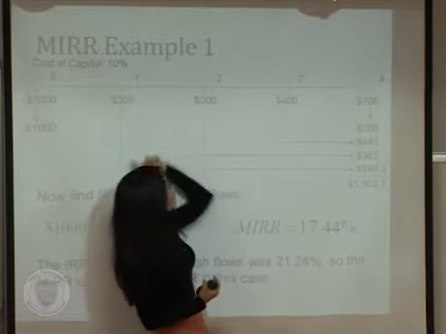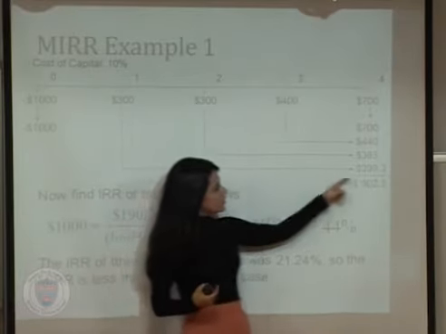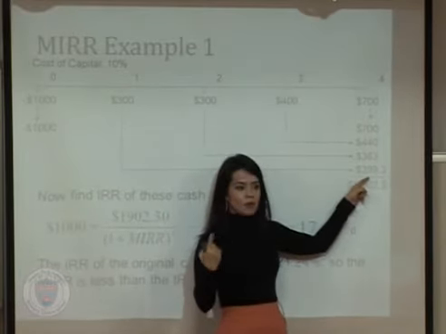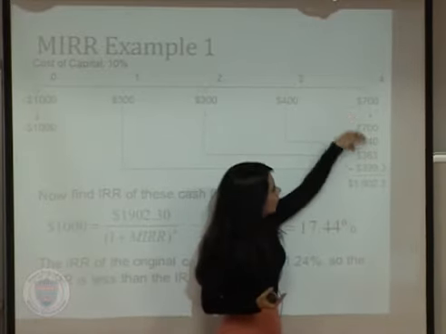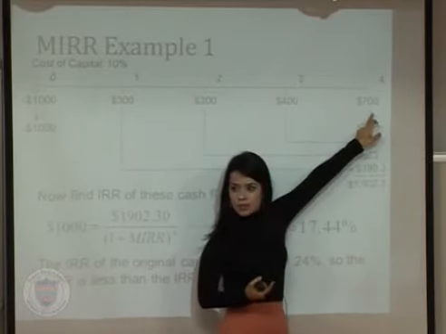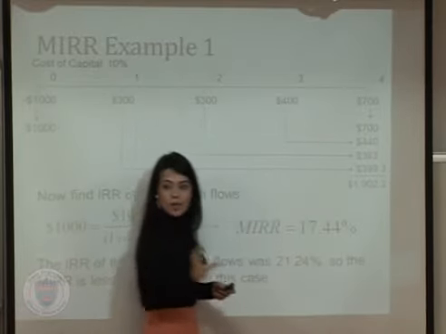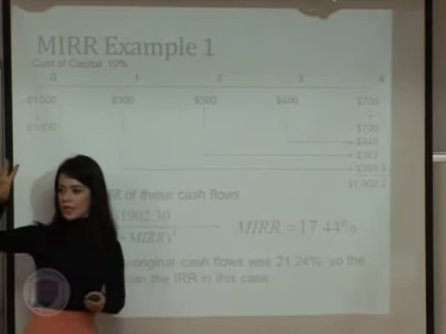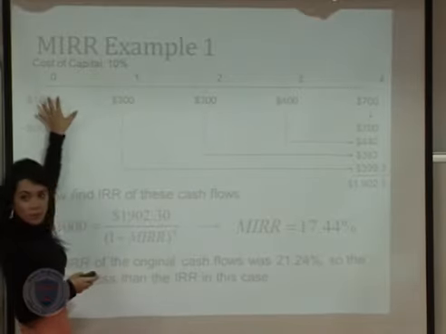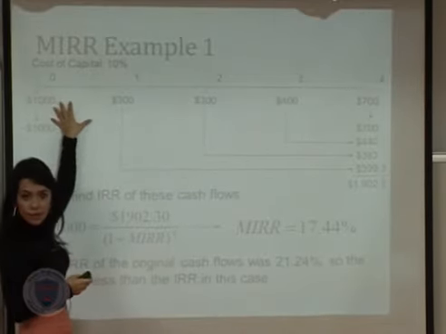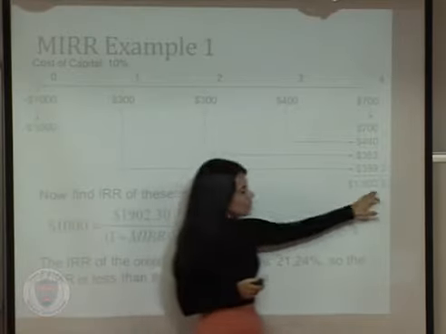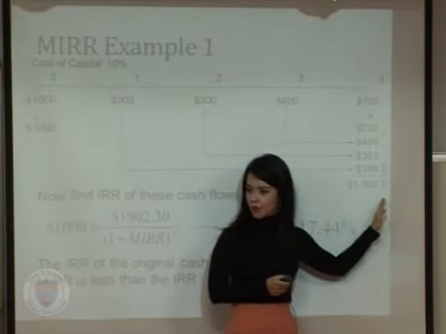I'm going to do the same thing for this one: 300 times 1.1 to the power 3. And this one, I don't have to do anything to. This is at time 4 anyway. So you add them up. So now you have two cash flows left, right? You have minus 1,000 at time 0, and then you have 1902 at the end at time 4.